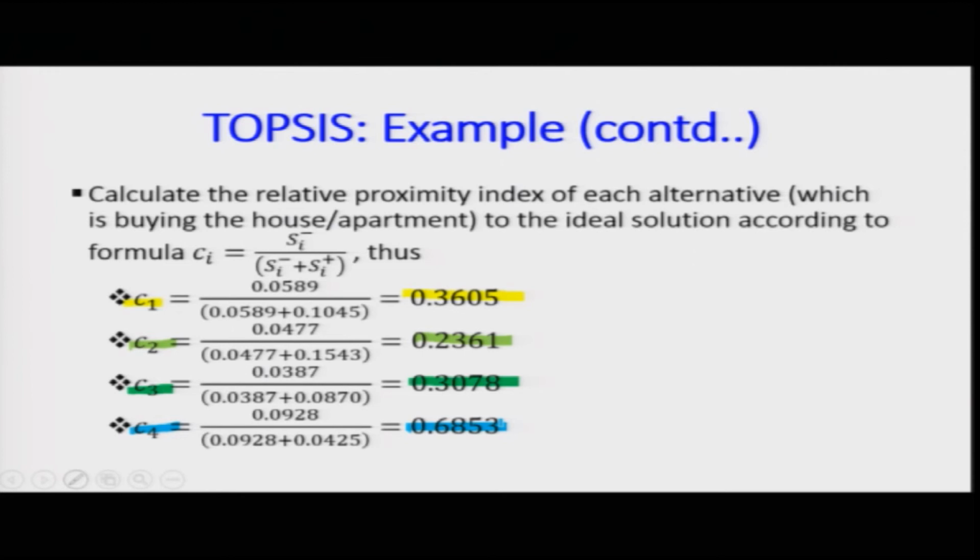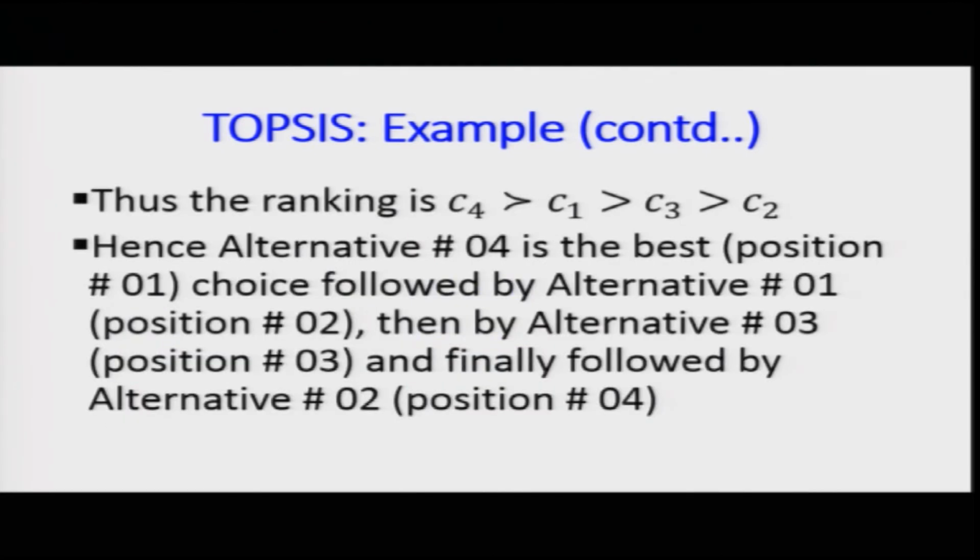Once you have that, you can find out the values corresponding to that. Now, once you are done, the ranking values would give that when you rank this C1, C2, C3, C4 corresponding to the max for the positive and min for the negative, then you have C4 is better than C1, which is better than C3, which is better than C2.